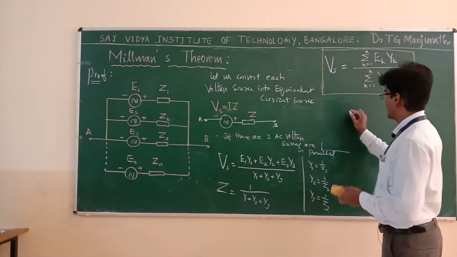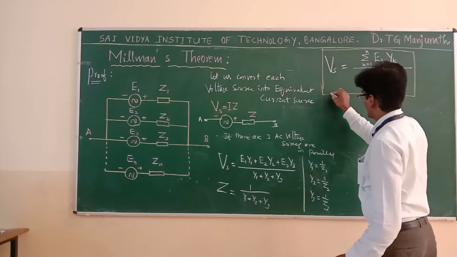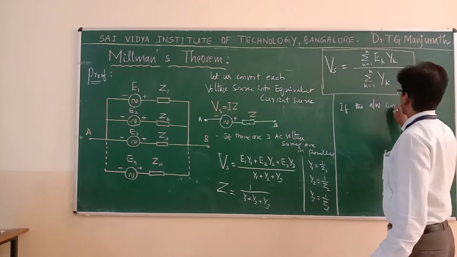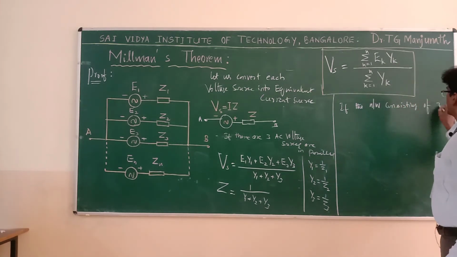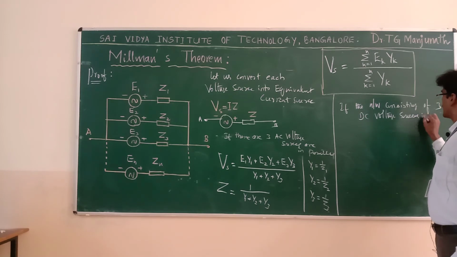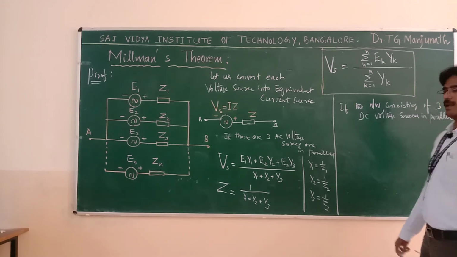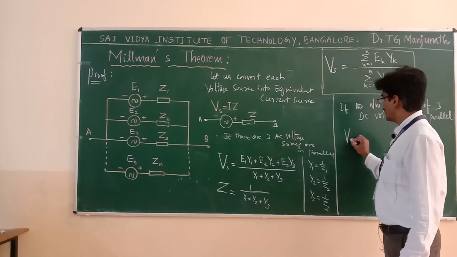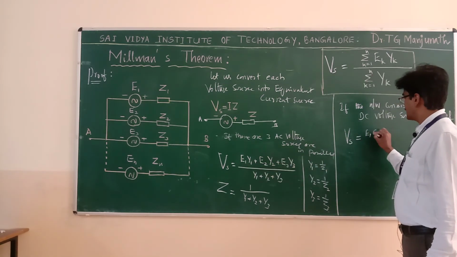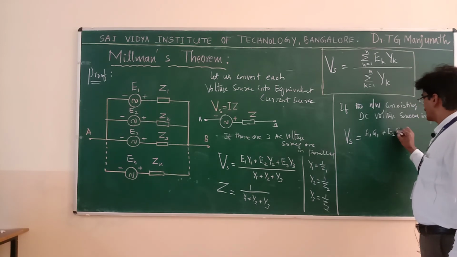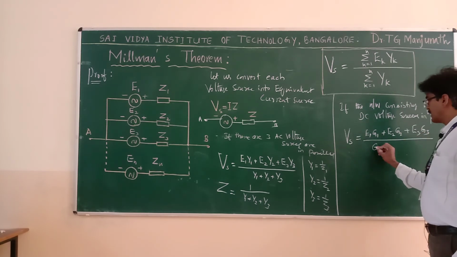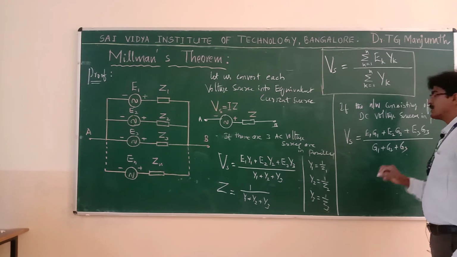So if the network is consisting of 3 DC voltage sources in parallel, then according to Millman's theorem, the single voltage source value is given by Vs equal to E1 G1 plus E2 G2 plus E3 G3 divided by G1 plus G2 plus G3.